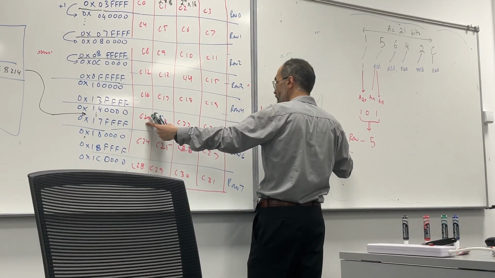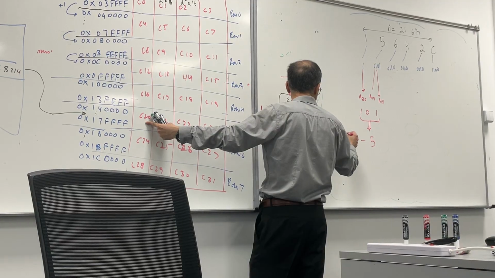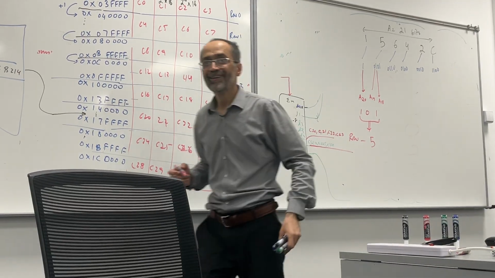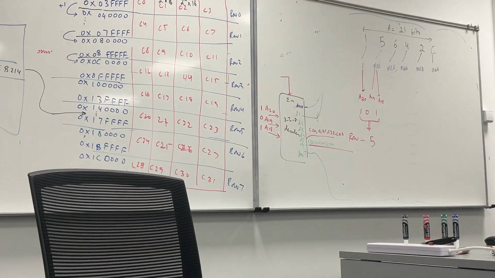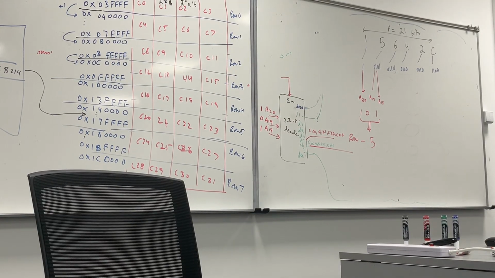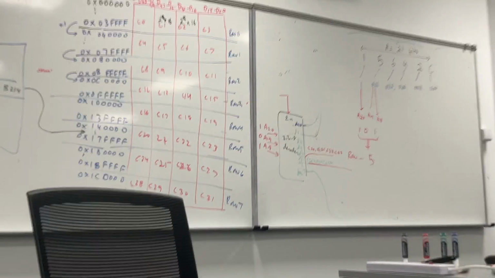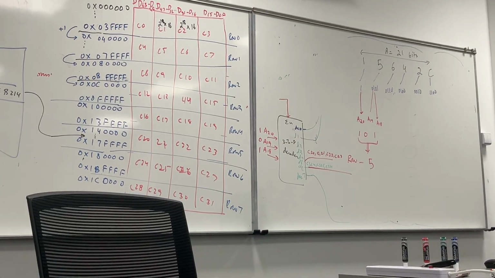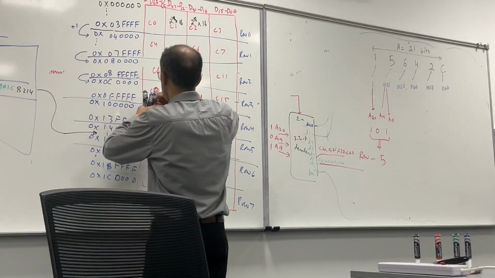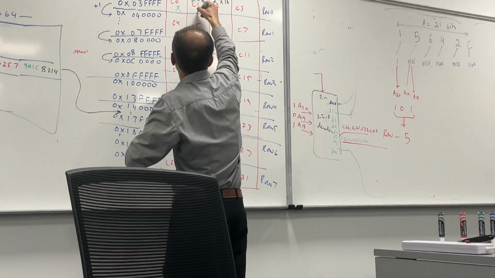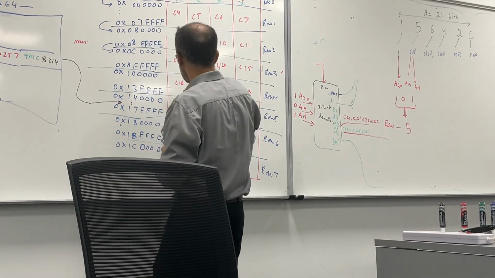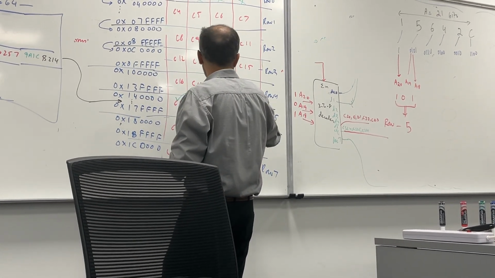C21, C22 and C23? All of these chips will be enabled. How many chips will be enabled at the same time? 4 chips, and all the remaining chips will be disabled. So in this example only this row is enabled.